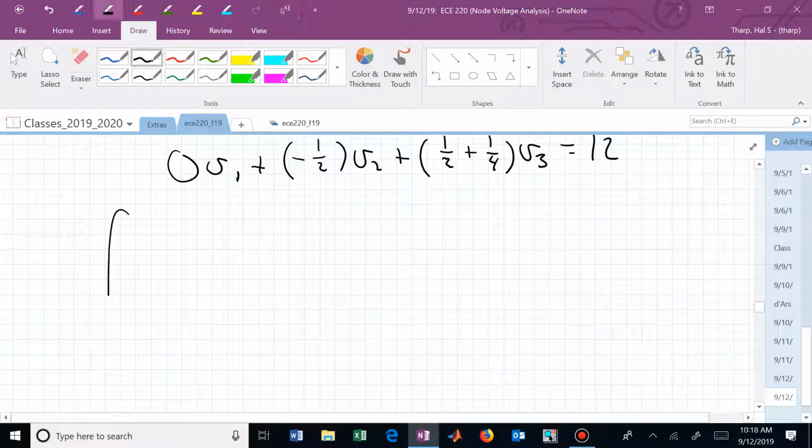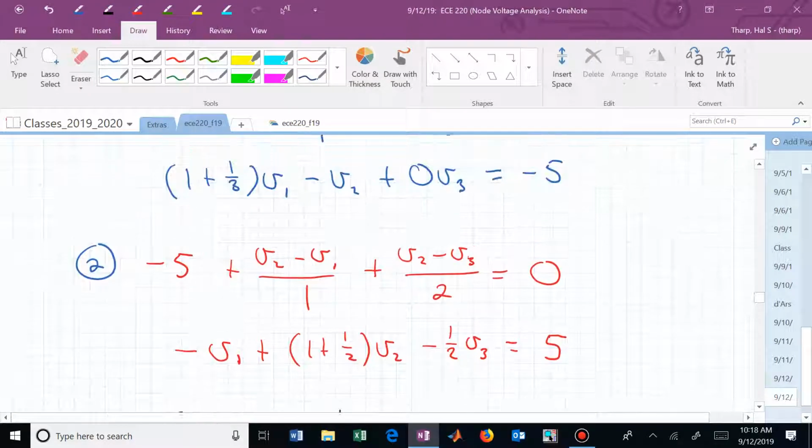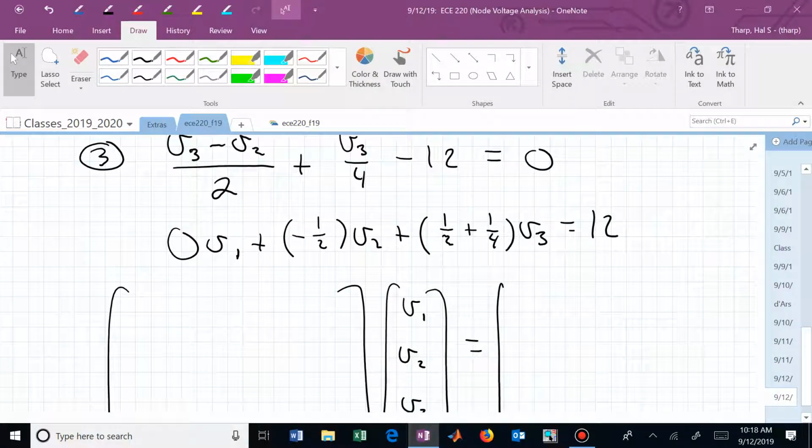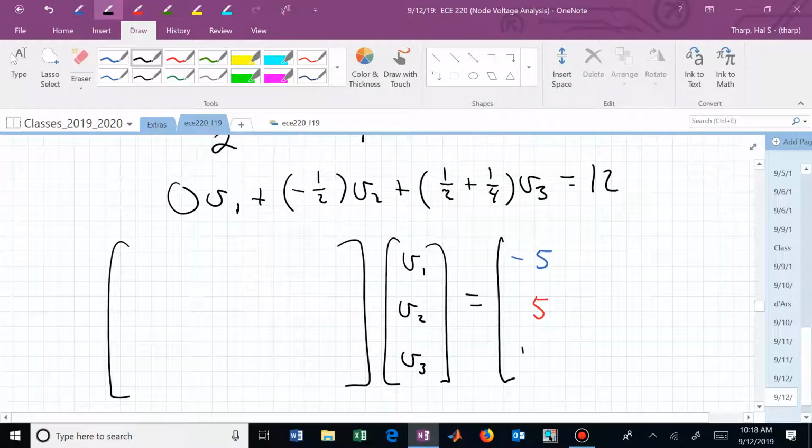We have some matrix times our unknown vector of voltages equaling the right-hand side. And the right-hand side is minus 5, 5, and 12. I don't know why I'm trying to get so color-coded, but you see what I'm doing?